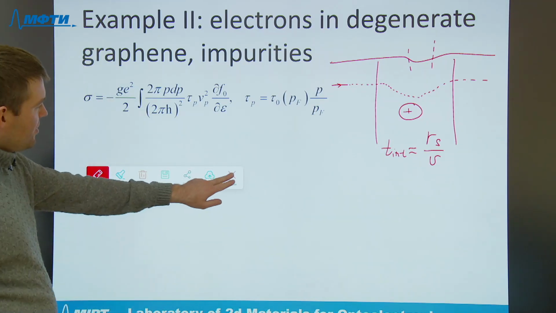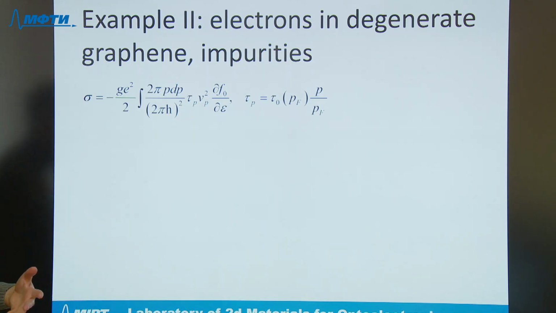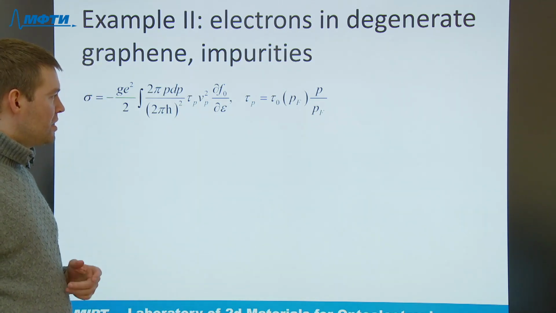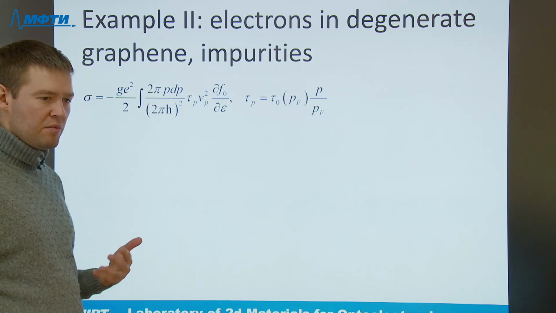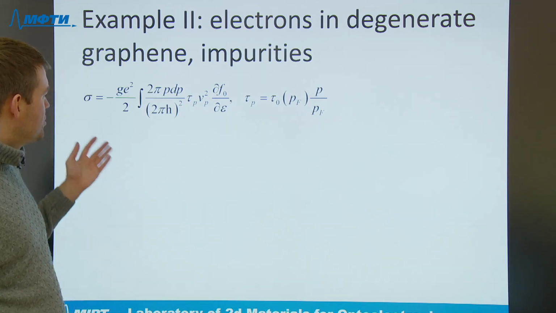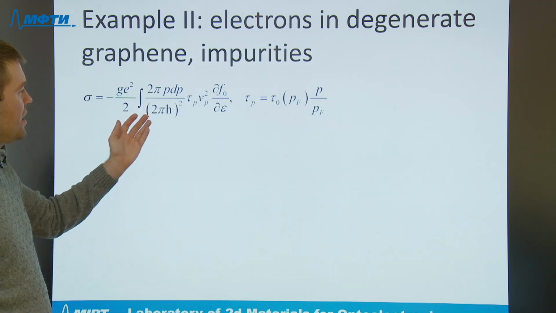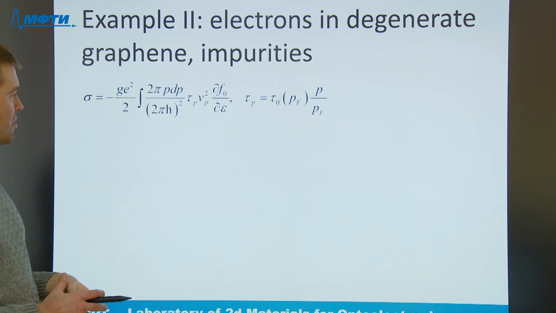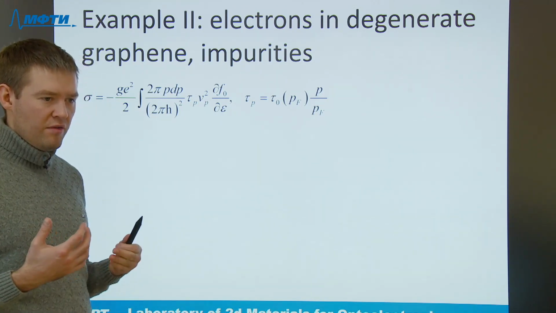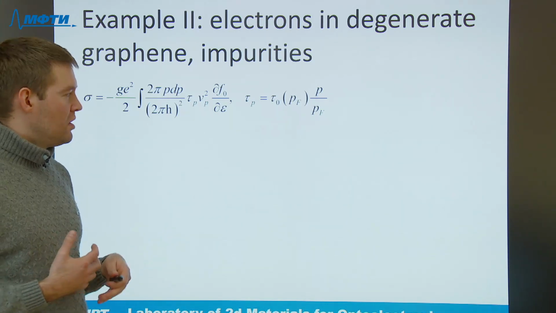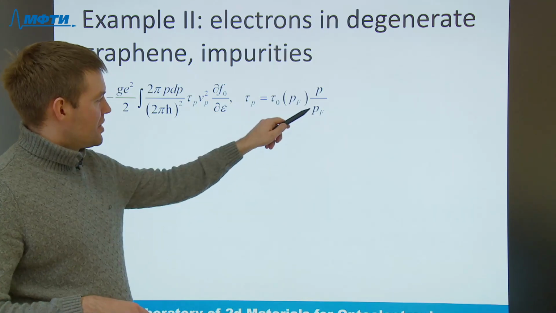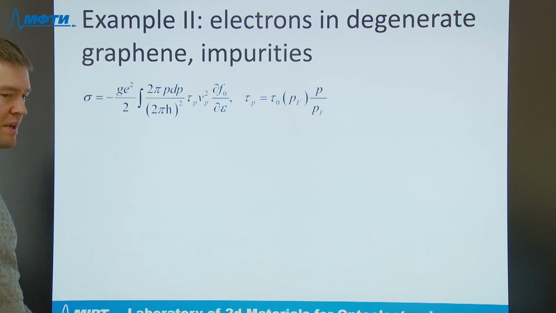So to evaluate the conductivity of graphene, or to find its dependence on Fermi momentum, on carrier density, we should just evaluate this integral, which comes from averaging the field-induced distribution function over the phase space, with the following dependence of momentum relaxation time on momentum itself.